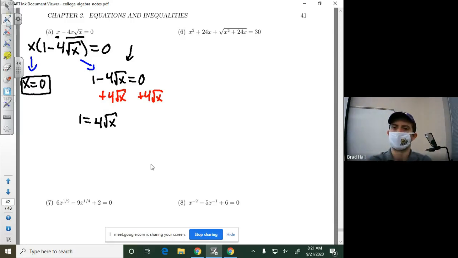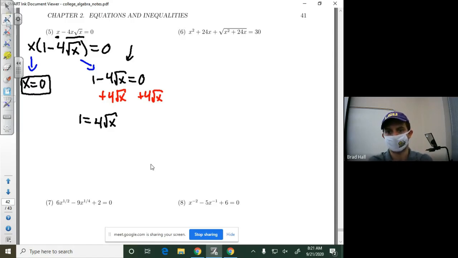Or you could subtract 1, it doesn't matter. The negative signs would cancel anyways. And we're trying to get x by itself.